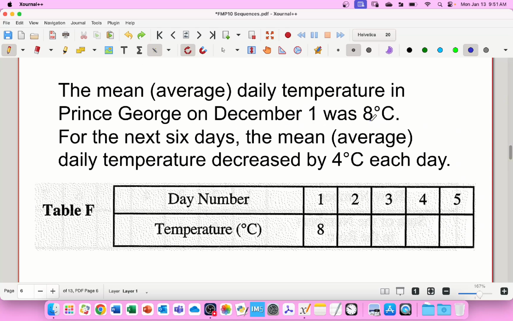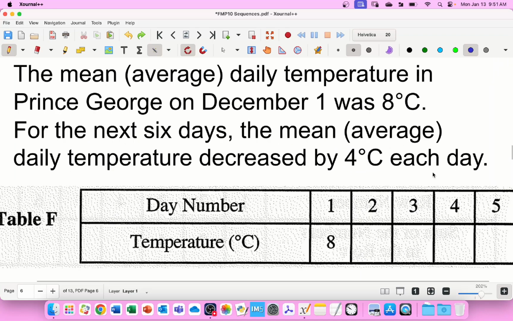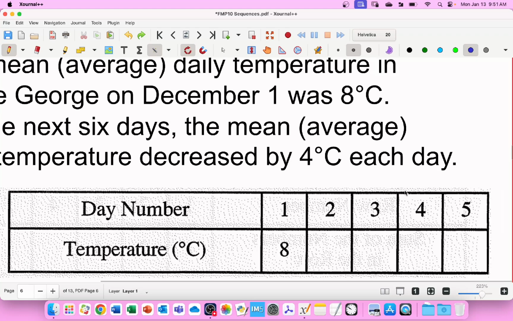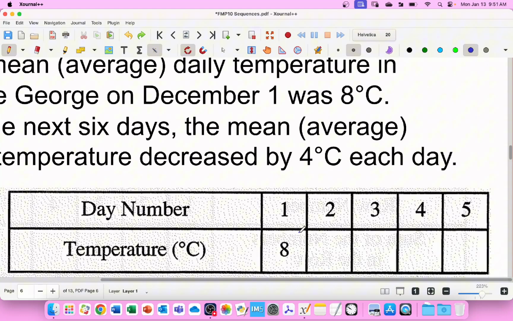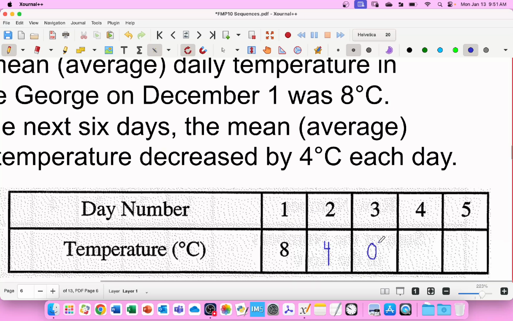Okay, so finally, if the average daily temperature in Prince George on December 1st was 8 degrees Celsius, and for the next 6 days it's decreasing by 4 degrees each day, well, this is pretty chill. If the temperature is decreasing 4 Celsius each day, well, that must be 4. This must be 0. This must be -4. This must be -8.